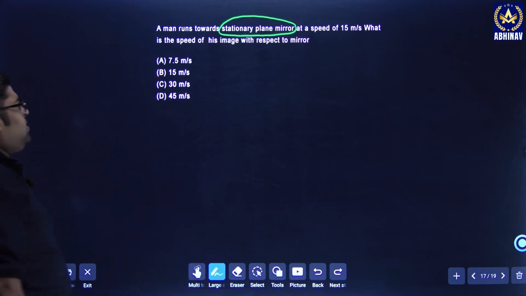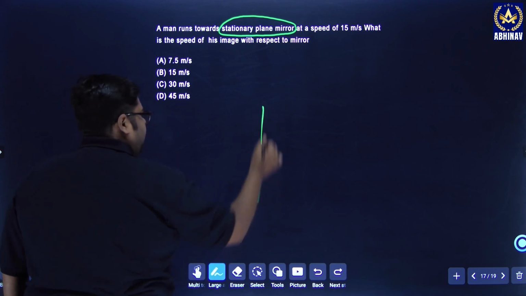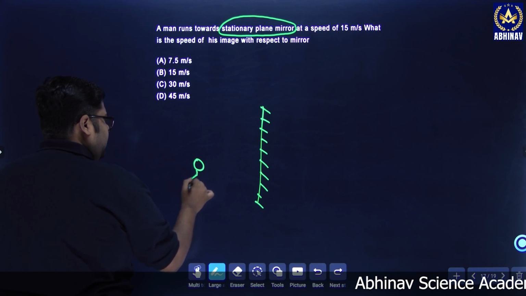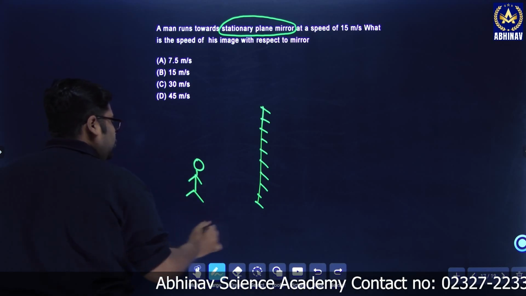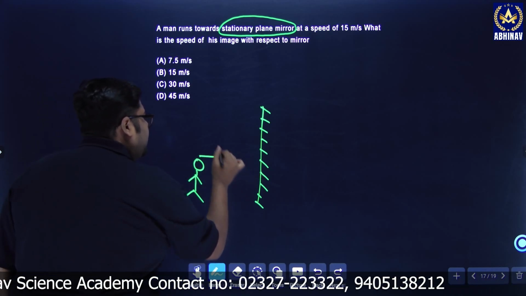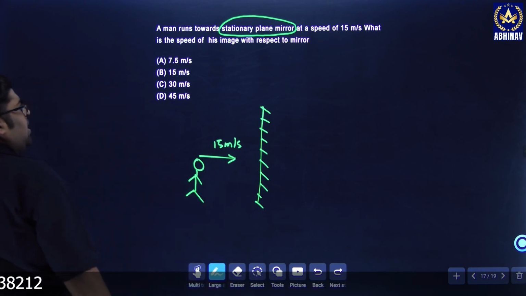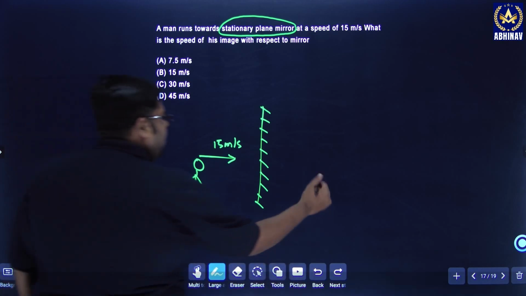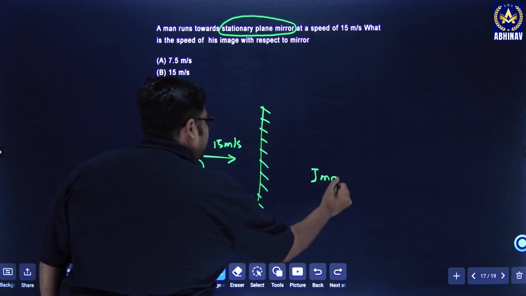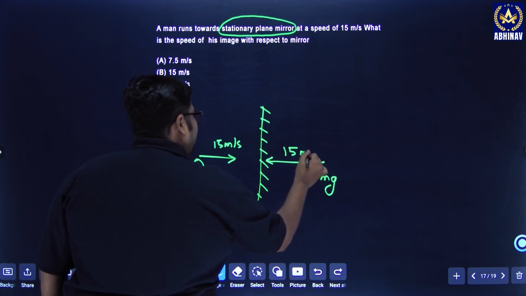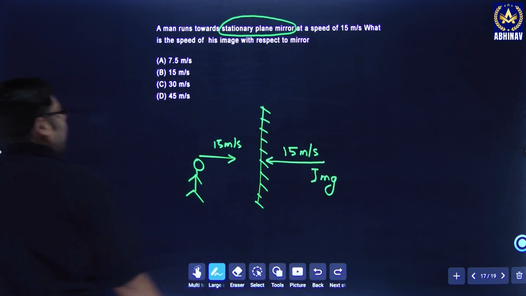This is your plane mirror, and this is a person approaching the mirror at 15 meters per second. So what will be the speed of his image? That person's image will also approach the mirror with the same speed, that is 15 meters per second.